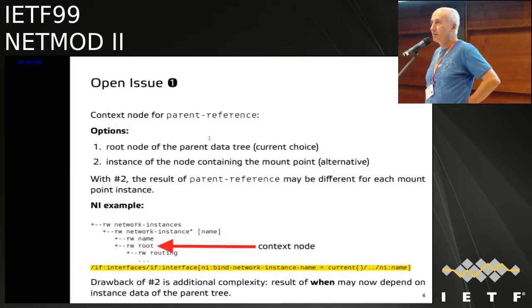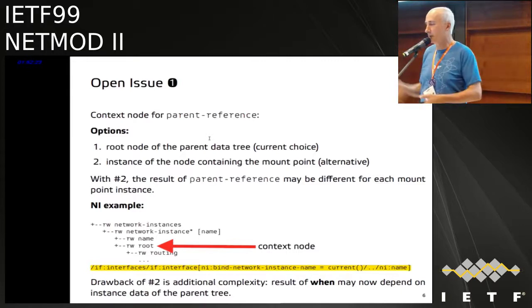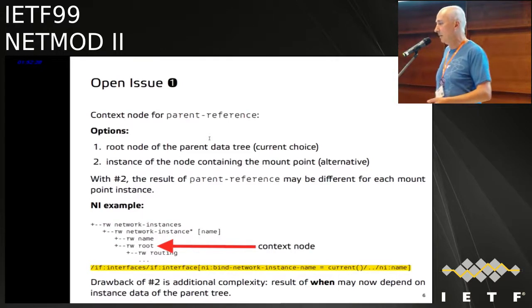Well, as long as we are using XPath for these purposes, I think it's appropriate to use the terminology of XPath, and basically the context node for every XPath expression is where the expression is supposed to start, right? So where relative paths start.